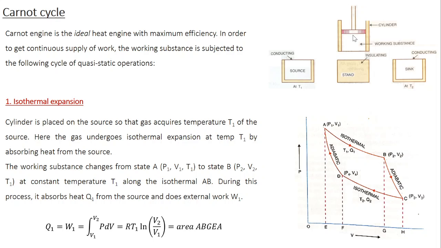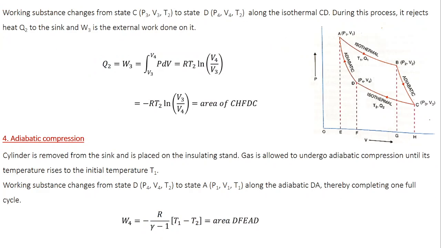When the gas gets compressed, the temperature inside tends to increase, but remember the top of the sink and the bottom of the cylinder both are conducting, so heat energy flows from the cylinder to the sink. As a result, the temperature inside remains constant. So this entire process happens at a constant temperature T2. That's why we call it isothermal compression.